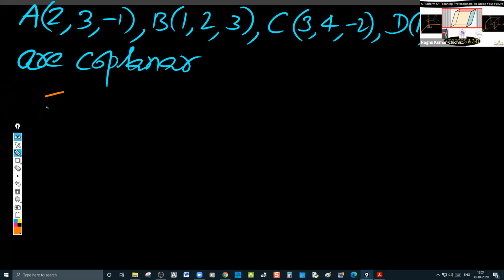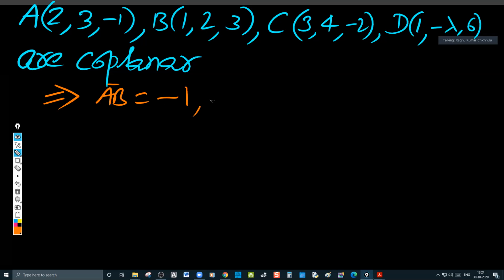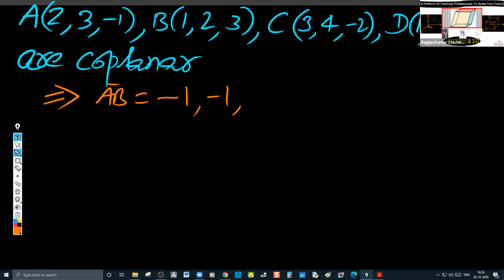How? Come on, tell me AB bar, please. AB bar is OB minus OA. I'm writing that: 1 minus 2, minus 1; 2 minus 3, minus 1; 3 plus 1, 4. We have got AB bar here. Similarly, could you tell me AC bar, please? AC bar is OC minus OA: minus 1, 4 minus 3, 1; minus 2 plus 1, minus 1.